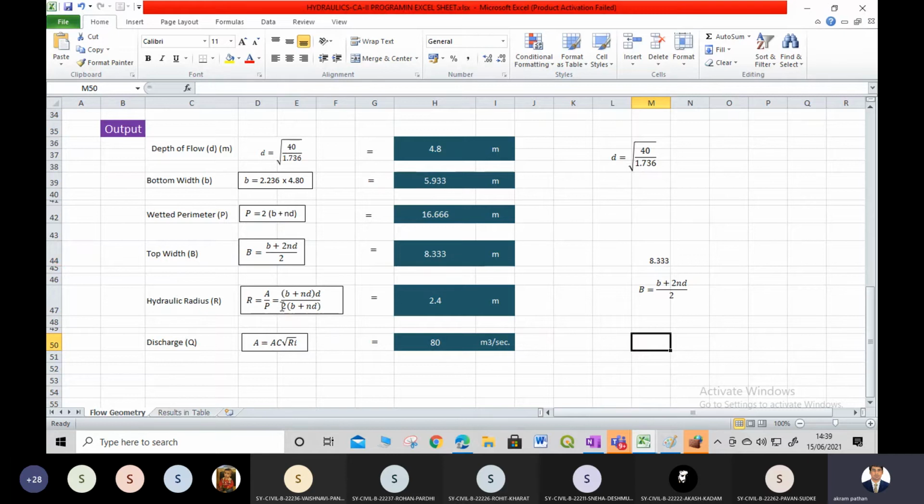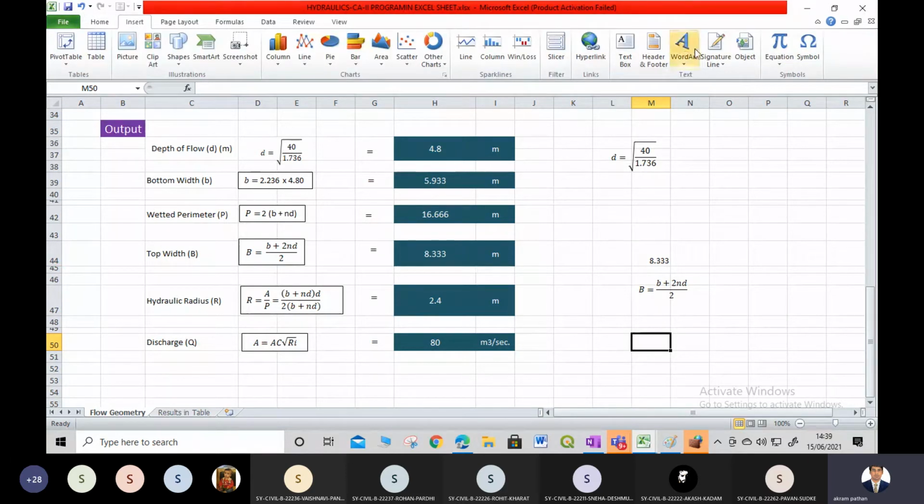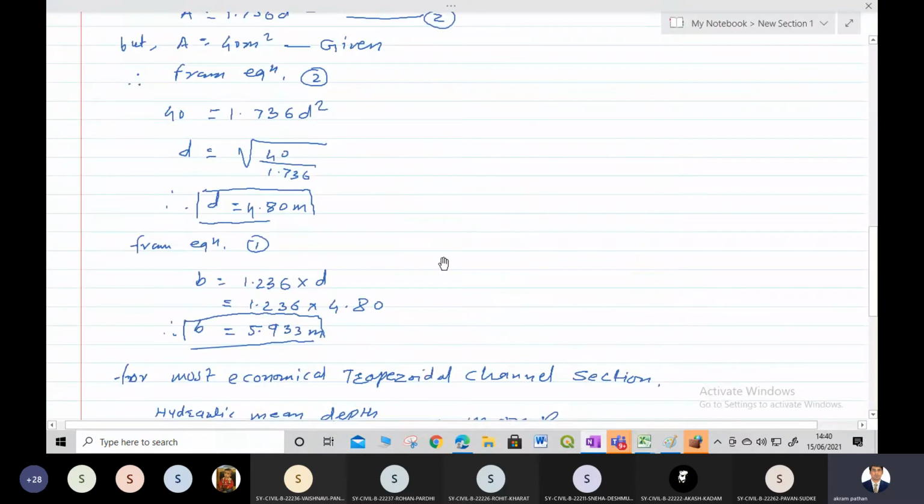Then in similar fashion, hydraulic radius R. So go to the insert section, insert the equation, then you have to come with this equation, d by 2. So for hydraulic radius we have calculated in the manual calculation also.